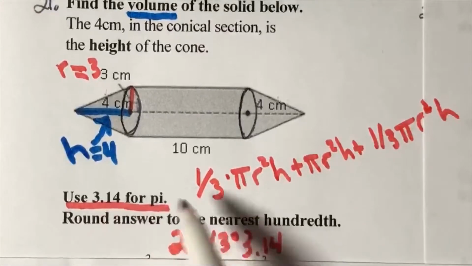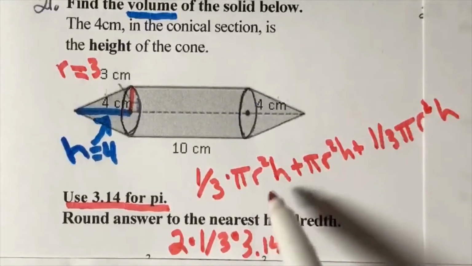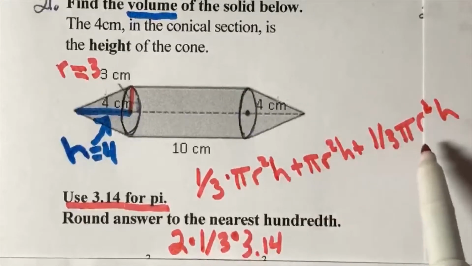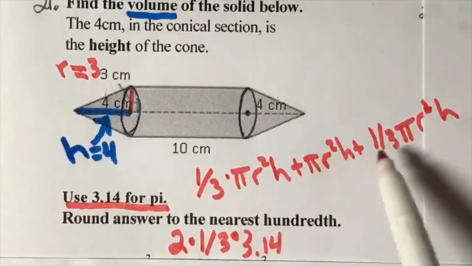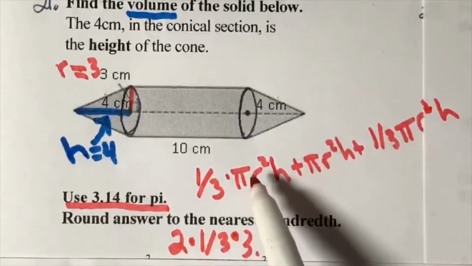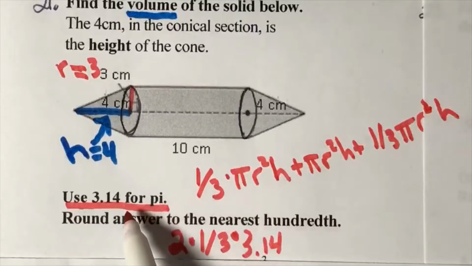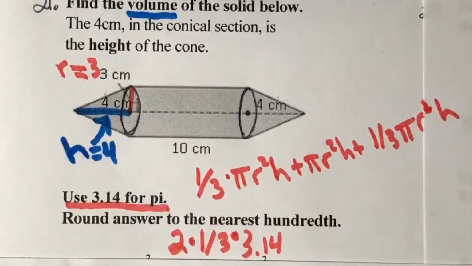After you get your formulas written down, start manipulating them to help you make sense of it, and to remind yourself that you have to do something with pi. In some of these problems, sometimes you just leave pi alone, and sometimes you don't even use pi in the calculation. Got to remember.